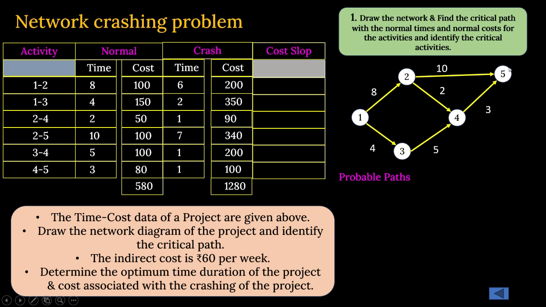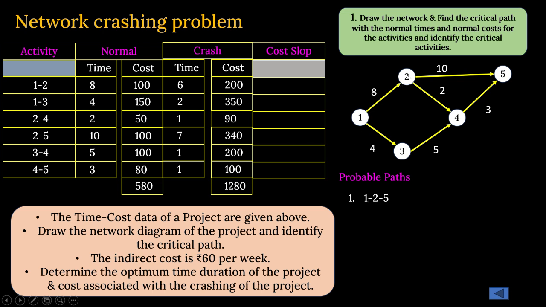That can be one path. Another path is 1 to 2, 2 to 4, 4 to 5, and then 1 to 3, 3 to 4, 4 to 5, another path. So these are the three total probable paths available in front of us.